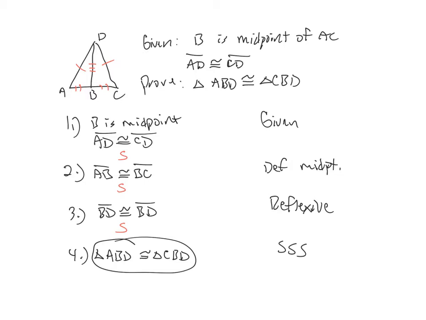So if I said ABD is congruent to triangle CDB, that's not right, because C to D isn't the same as A to B. It has to follow that same order.